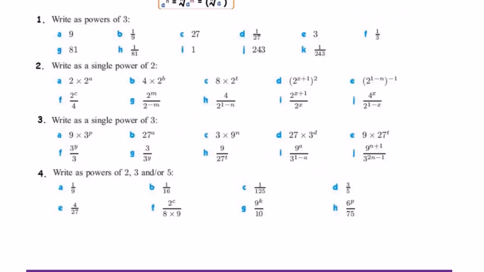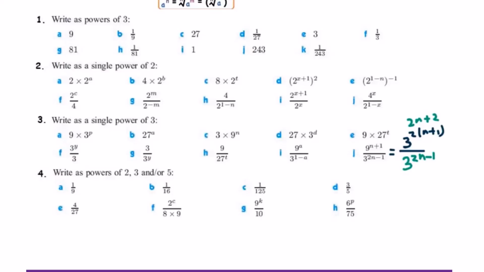For the J part, you get 3 to the n plus 1, then 2, you have to do the distributive property. So you get 2n plus 2. Then you divide it by 3 to the 2n minus 1.